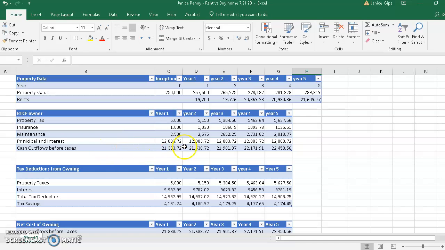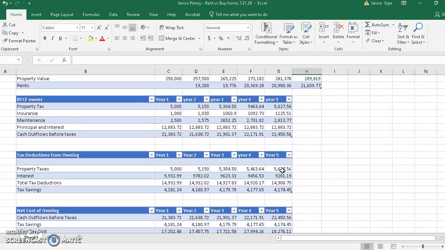Your principal and interest stays the same. That loan was locked in, a fixed rate, and then your total cash outflows before taxes, with the calculation of all of these items, get this 21.